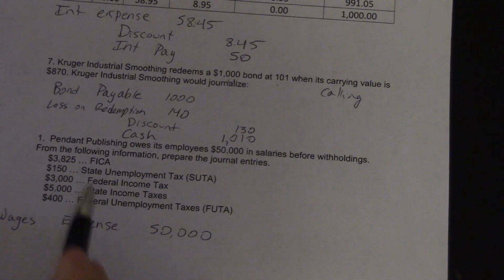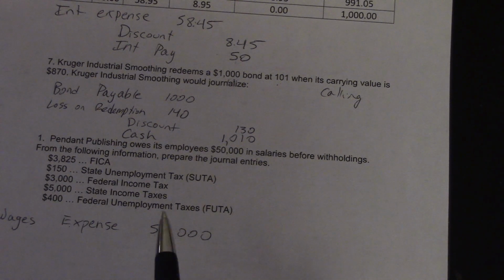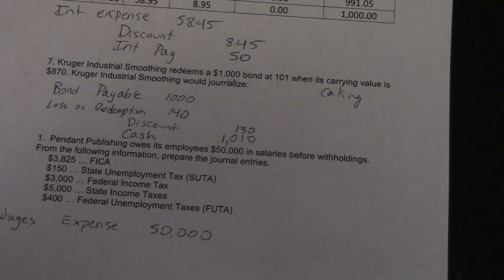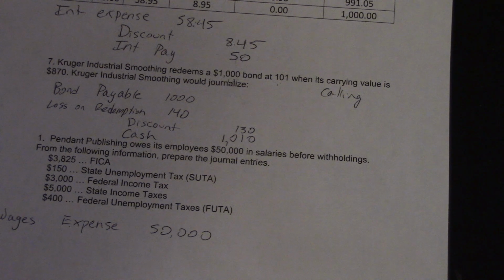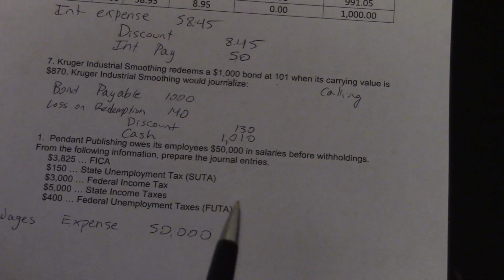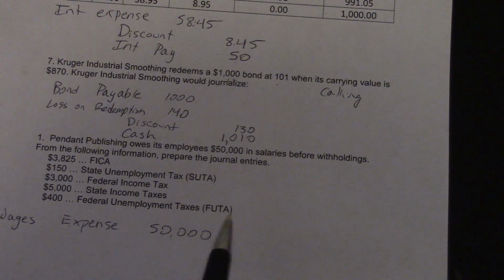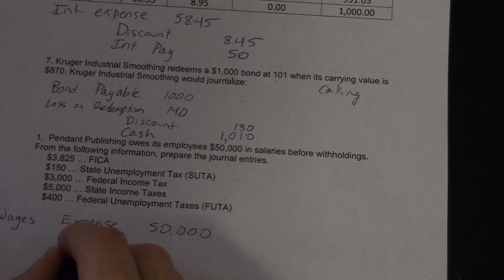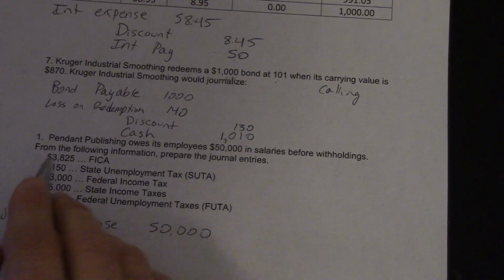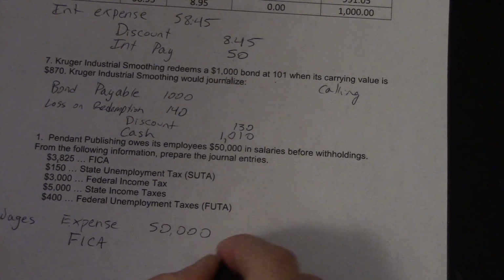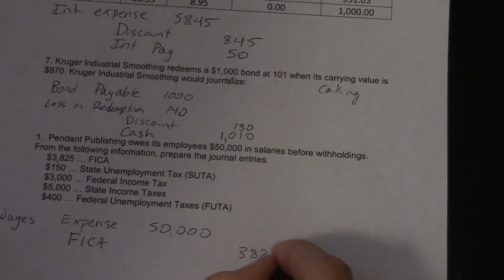But, as I'm sure you know, whenever you get a paycheck, the company takes out money to pay for taxes, to pay for FICA, and all this other stuff. So if we're being paid $50,000, we're going to take $3,825 out for FICA.